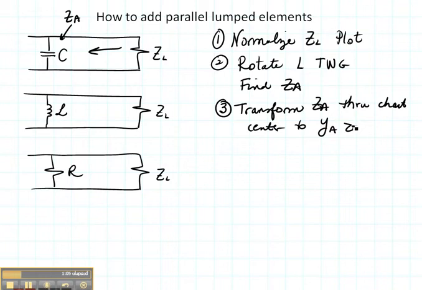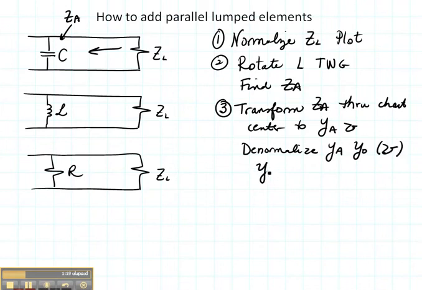In order to find the admittance in mhos, we're going to read and denormalize YA by multiplying it by Y naught, and that's going to give us mhos. Remember that Y naught is just 1 over Z naught. So that's going to give us a value YA, which is right here, same location as ZA.